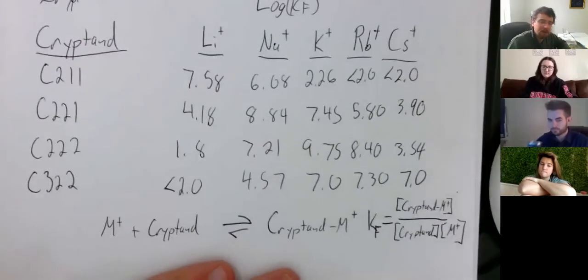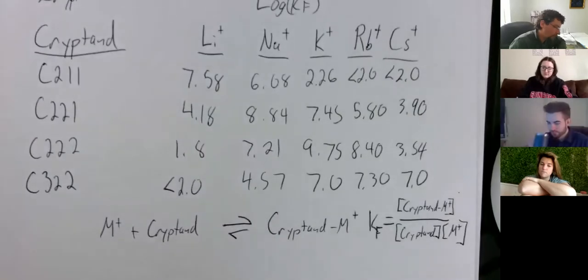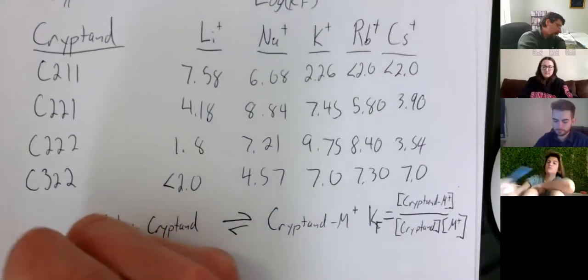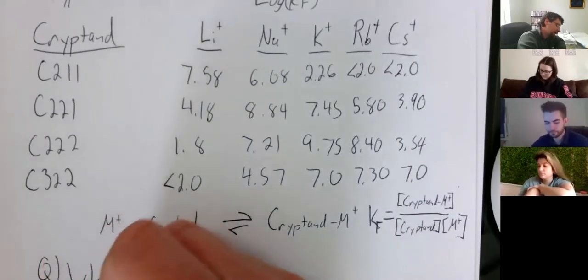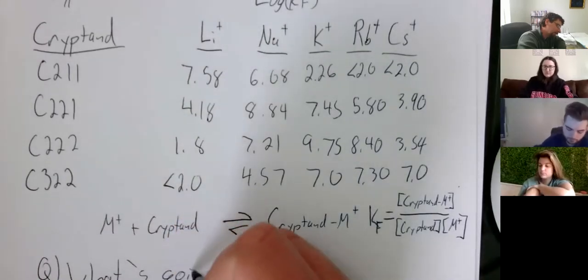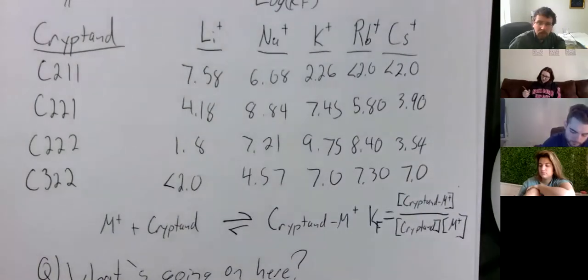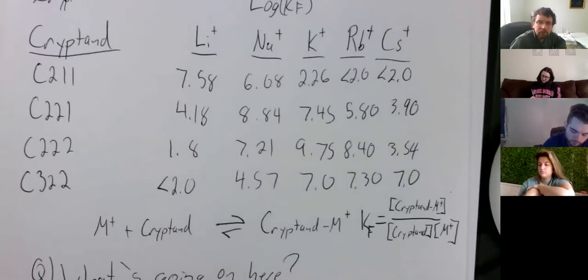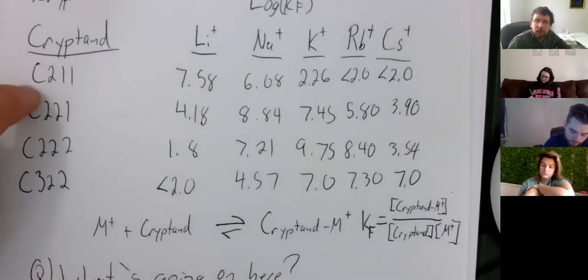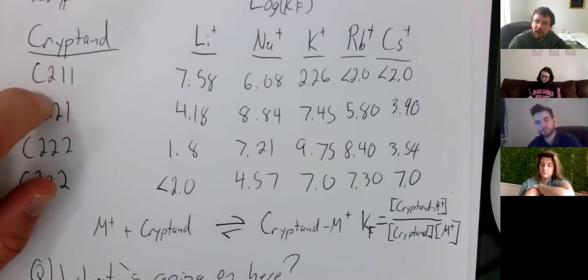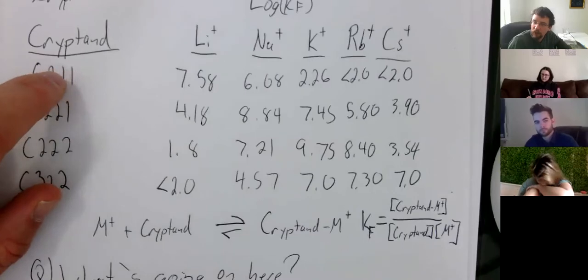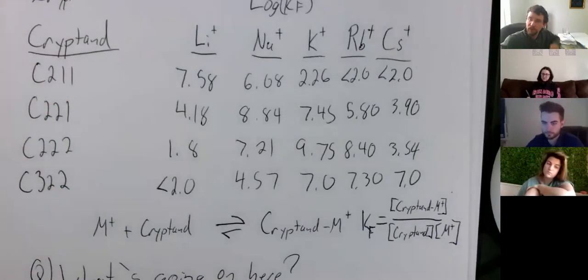So now let's look at these and try to explain what's going on here. Remember, these indicate how many oxygens are in the kryptand and how long the chain is.